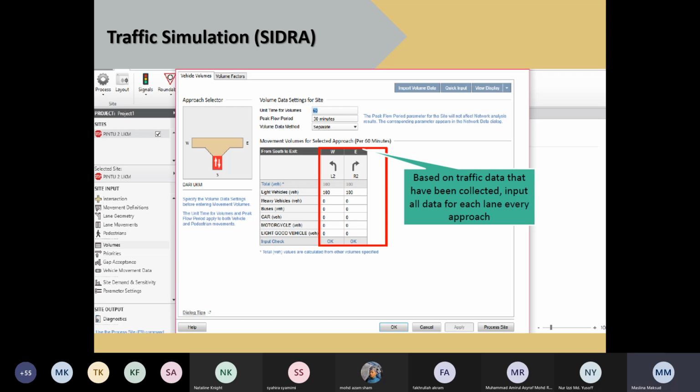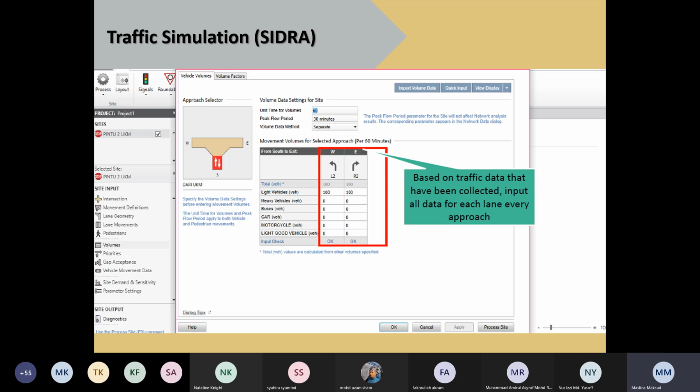And I will explain generally how to use Sidra. First, you choose your type of junction and how many lanes for each arm, and then you enter the volume that you have calculated before, which is the PCU per hour.